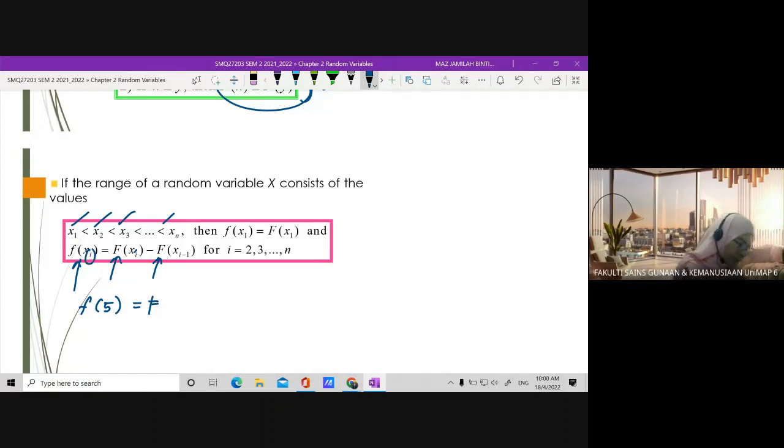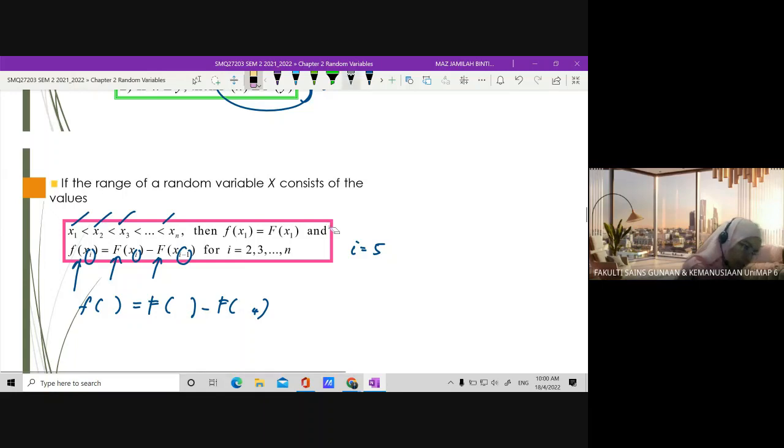i minus 1. So if let's say this particular value is i, let's say i is equal to 5, then F(x5) can be obtained by F(x5) minus F(x4). Okay, if to be precise, my x would be small x.